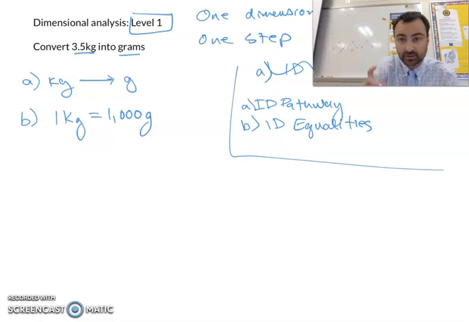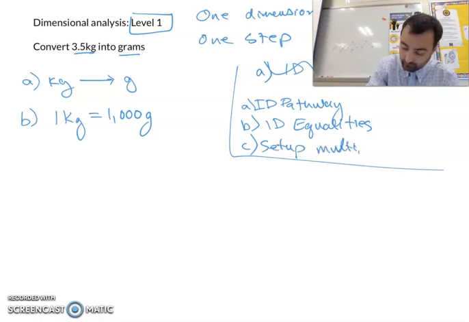So when I teach students to do this, I always ask them to put the 1 with the unit that has a prefix. So this kilo prefix means 1,000. We'll have other examples in the next problems. But the third step of dimensional analysis is to set up multiplication to cancel units.